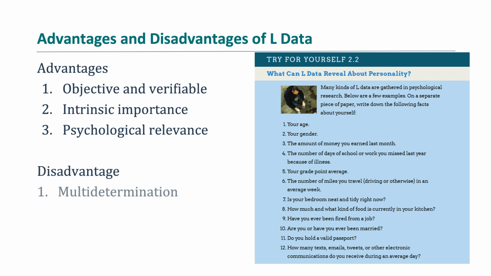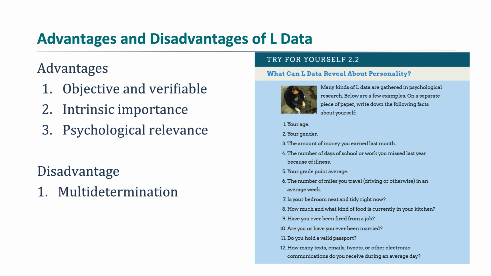And then there's some disadvantages too, in that it's multi-determined, right? So an outcome has many causes, right? A lot of times, when we look at this stuff, you can gather some information, but you have to understand that the outcome might have a lot of causes. And L data can be influenced by a lot of things, more than just their personality, right?